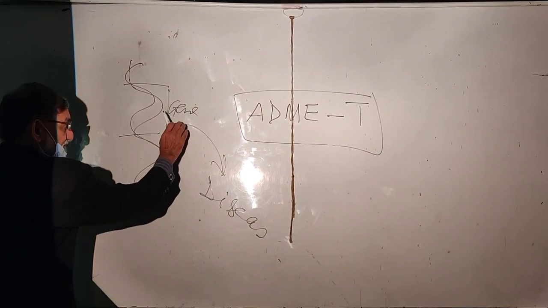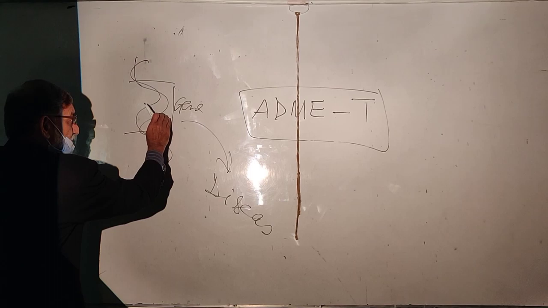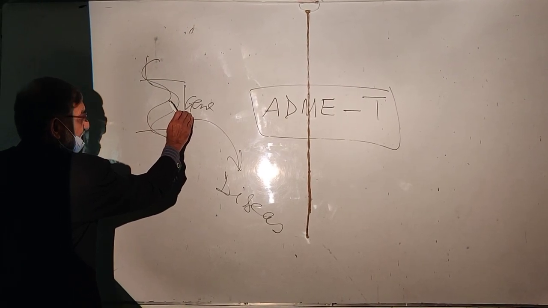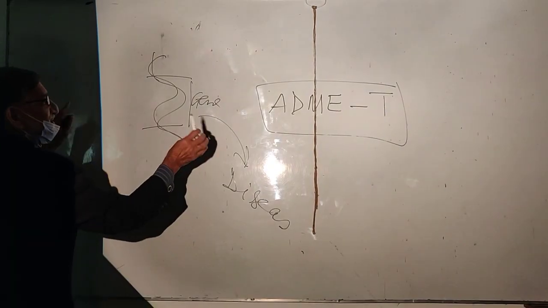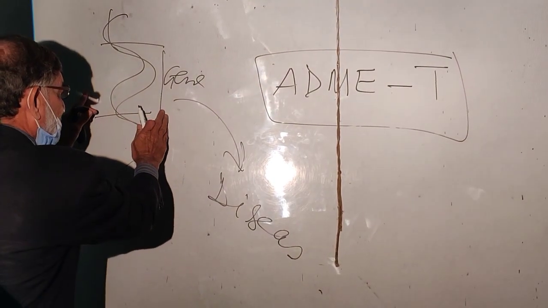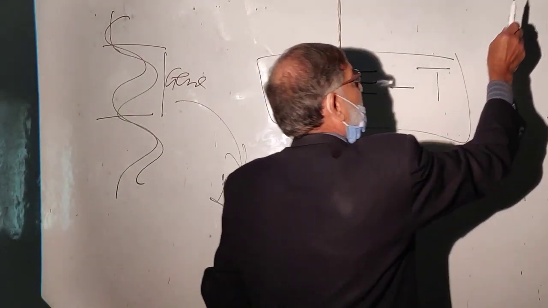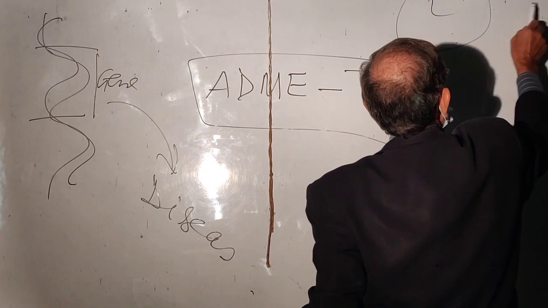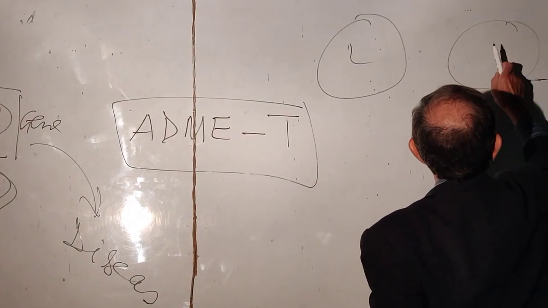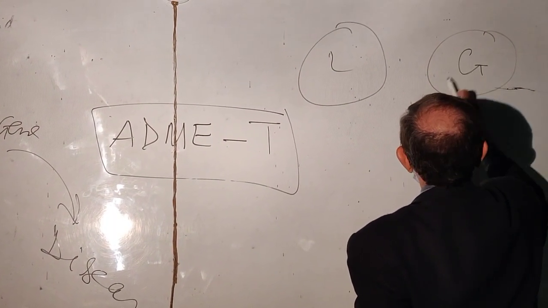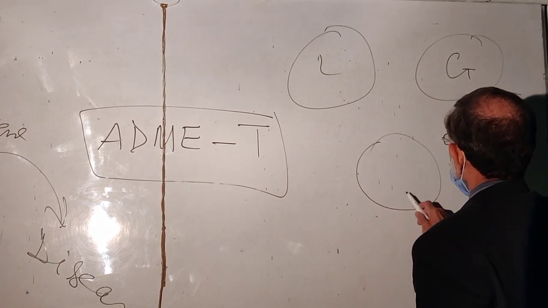Now this means a single pathology oriented problem, but now it's not the single gene. Now you can see this is a liver cell, this is say a GIT cell, and this is say a heart cell.